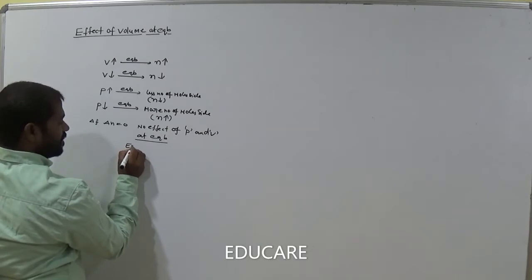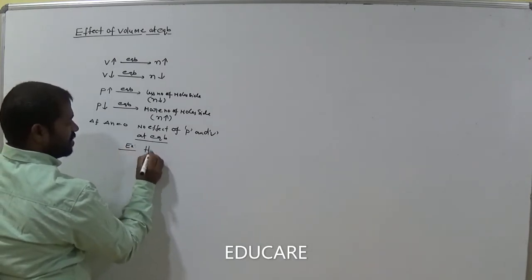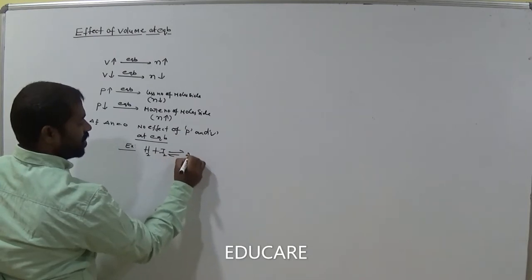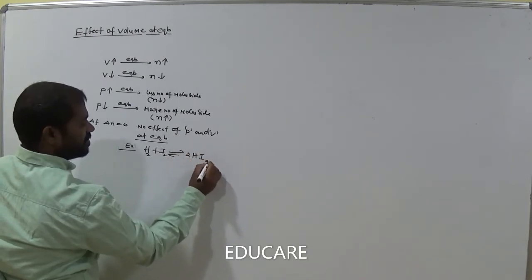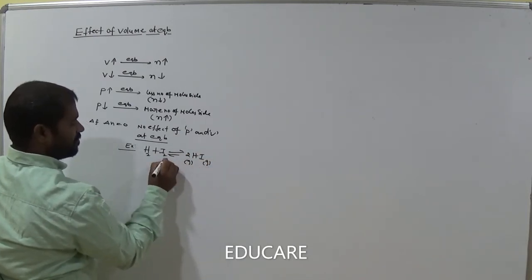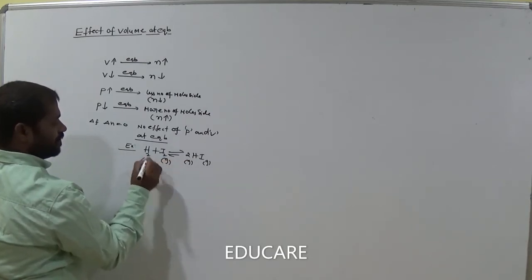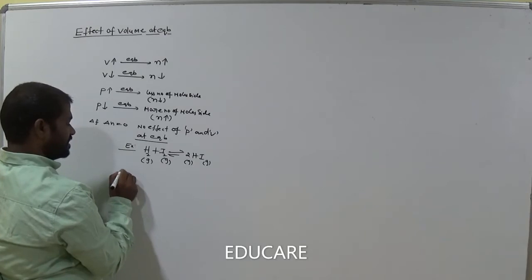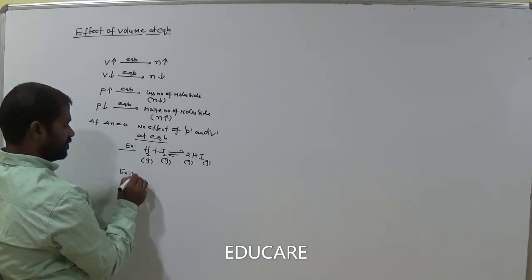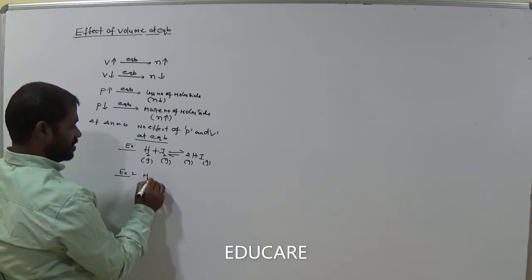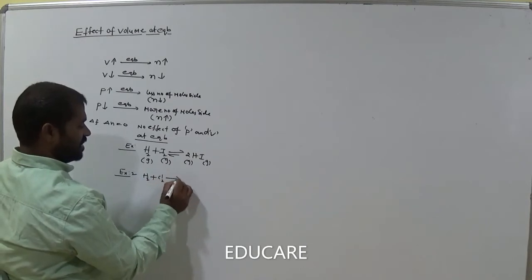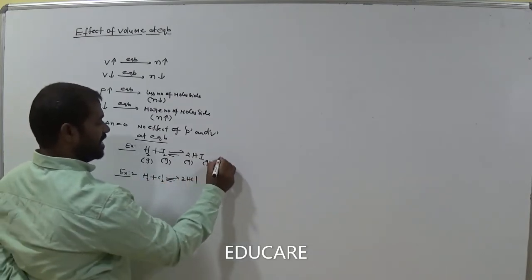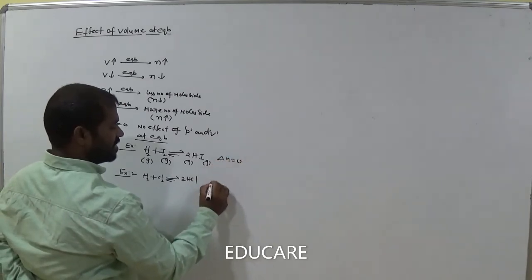Example: H2 plus I2 is reversible to HI. Is it clear? Example 2: H2 plus Cl2 is reversible to HCl, where delta n equals 0. Am I right?